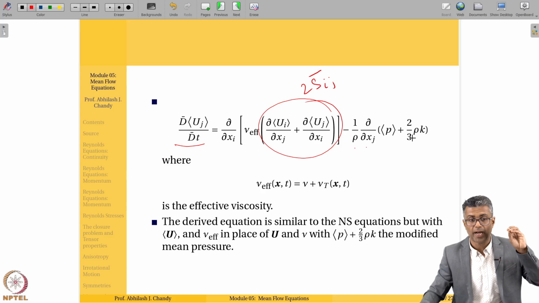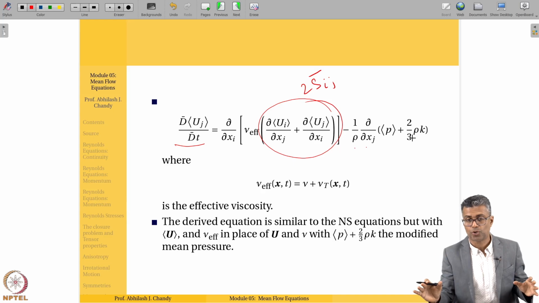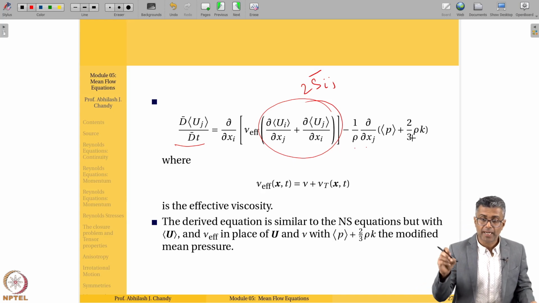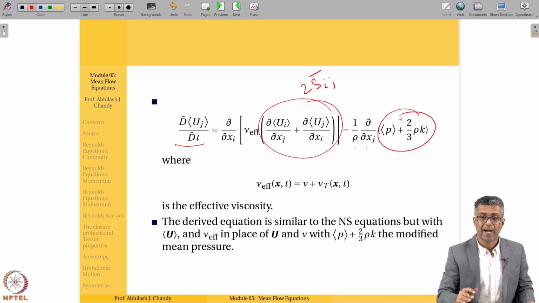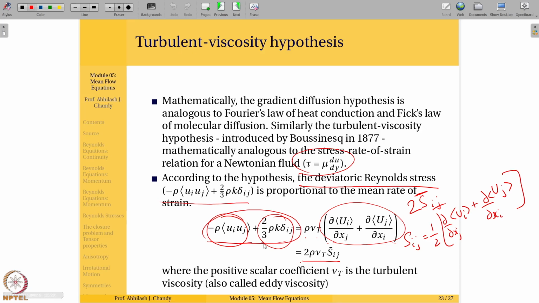When I split the Reynolds stress term into isotropic and anisotropic parts, I combined the isotropic part of the Reynolds stress tensor into the pressure term, and I have the modified pressure. So I have this additional 2/3 rho k, and that is why the 2/3 rho k is built in here, along with minus rho ui uj.